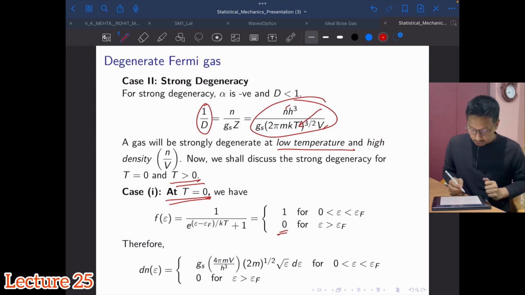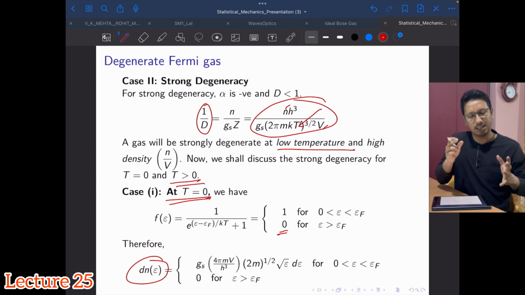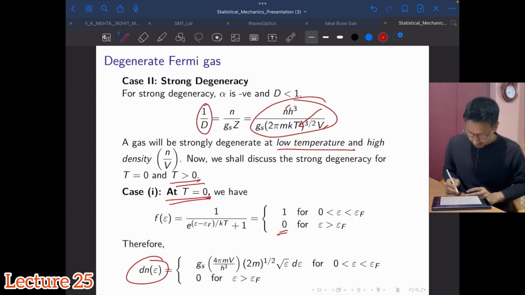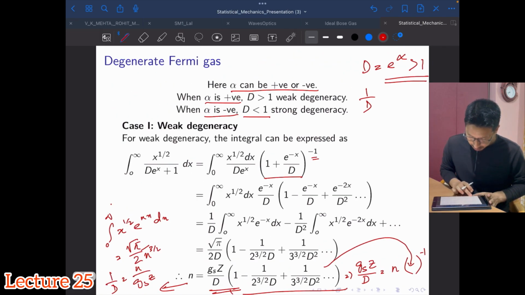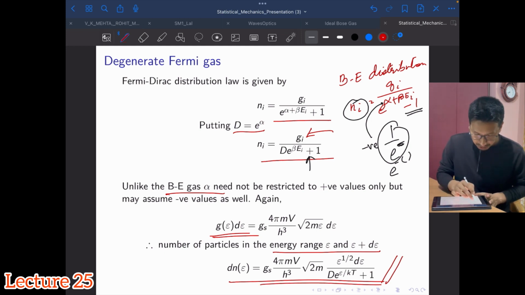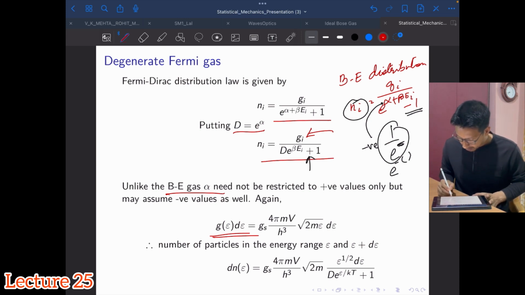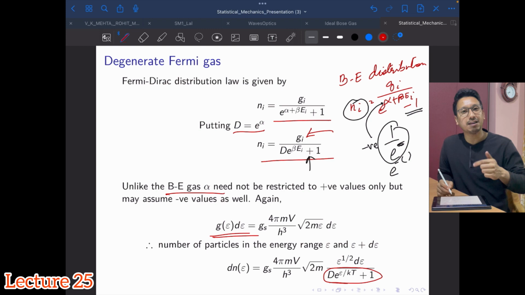Okay, so the number of fermions in the energy range E to E plus dE I can write. This is the same expression where we had, yes, this is your expression, meaning this part, because e to the power alpha, if you remember, was written in terms of the Fermi energy, minus EF, by kT altogether.